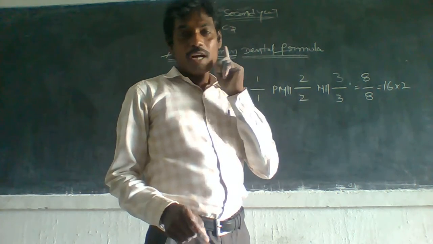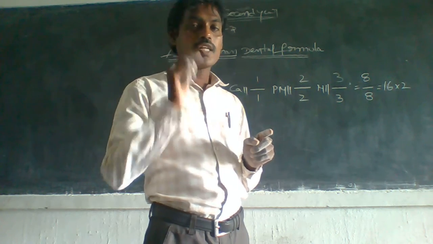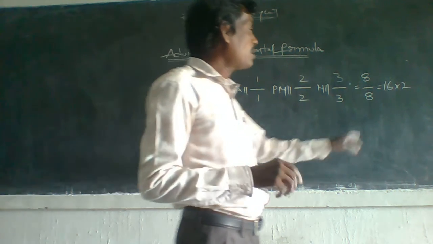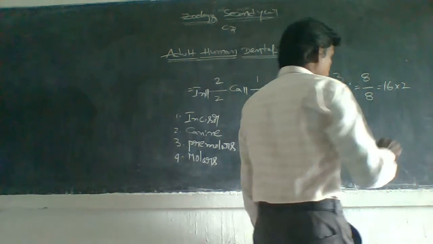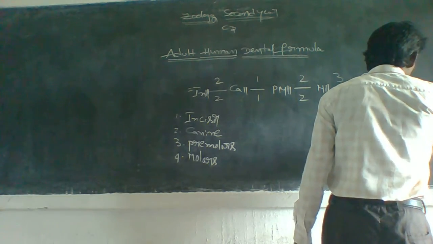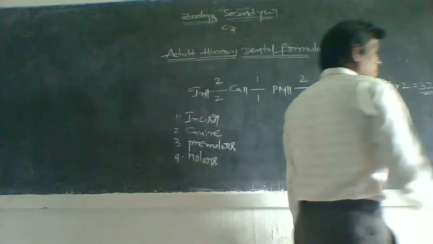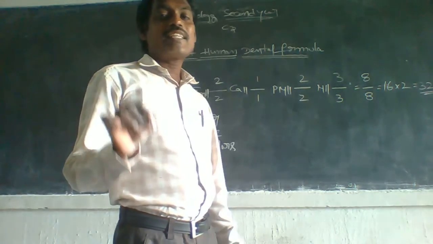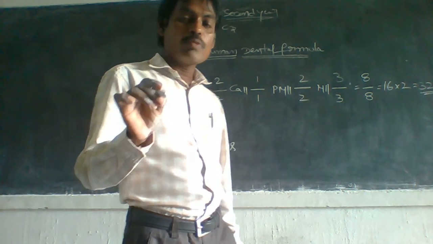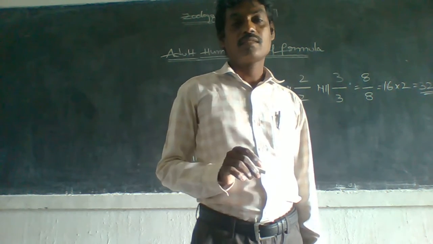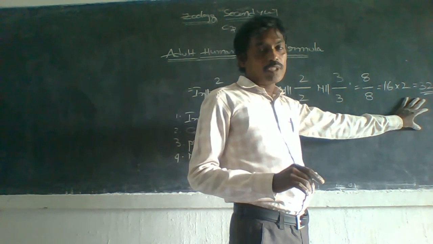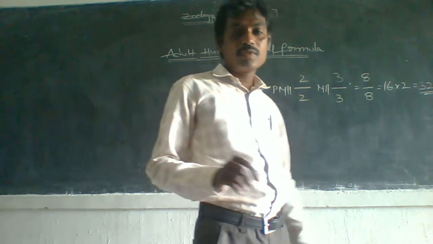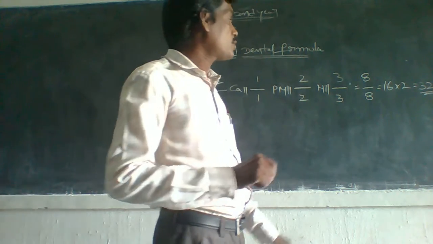This is one part, and there are 2 parts in total. So 16 into 2 is 32. Total teeth in adult human beings is 32.